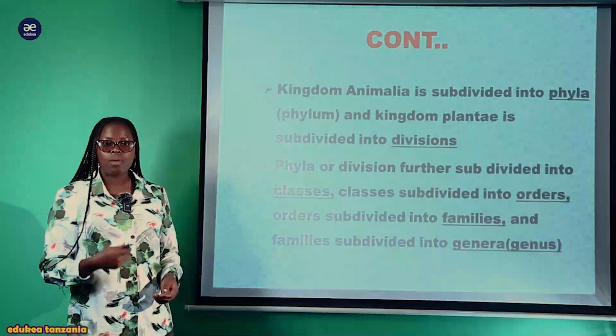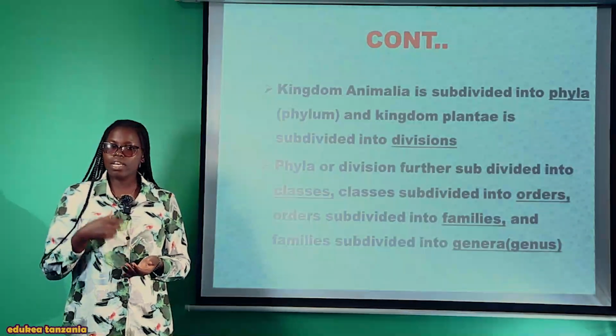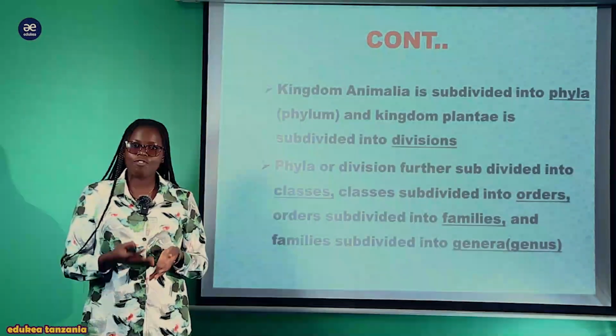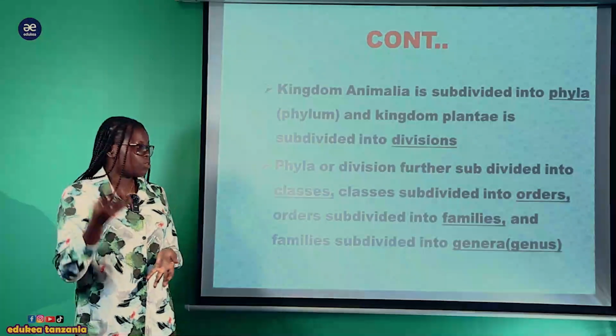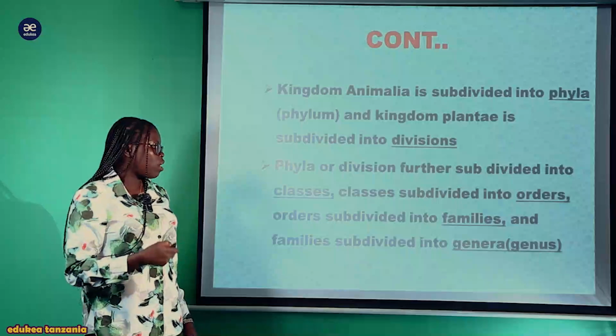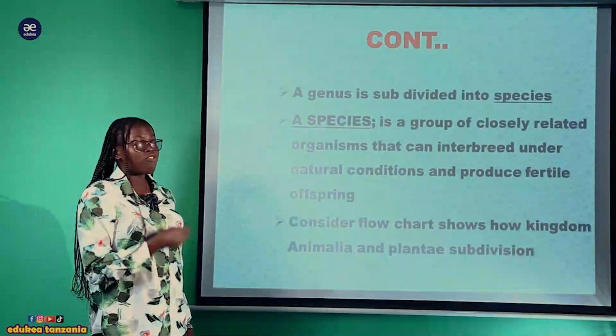So these are the taxonomic units or ranks used in classifying, the largest being kingdom, which is divided into phylum, phylum to class, class to order, order to family, family to genus, and genus to species. So you have to be familiar with these main major units of taxonomic ranking.